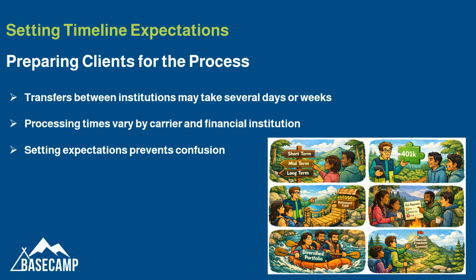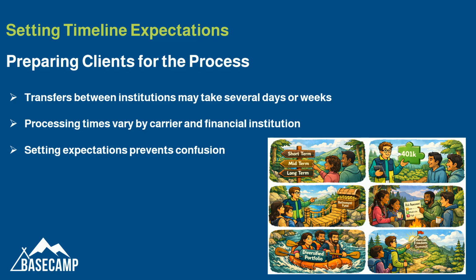As the application and transfer paperwork are completed, it can be helpful to spend a moment discussing timeline expectations with the client. When funds are moving from one financial institution to another, the process may take some time. As the slide highlights, transfers between institutions can sometimes take several days, or even a few weeks, depending on the companies involved and the type of account being transferred. Processing timelines can vary because more than one organization may be involved.